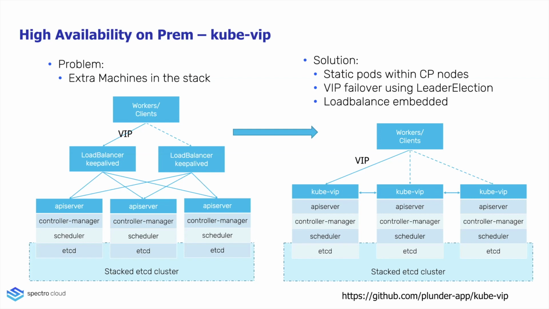So even if the traffic only goes to one of the master nodes through the virtual IP, Kube-VIP can load balance to other master nodes. So this is now the default HA solution for the Cluster API vSphere provider, and the HAProxy load balancer based solution will be deprecated.